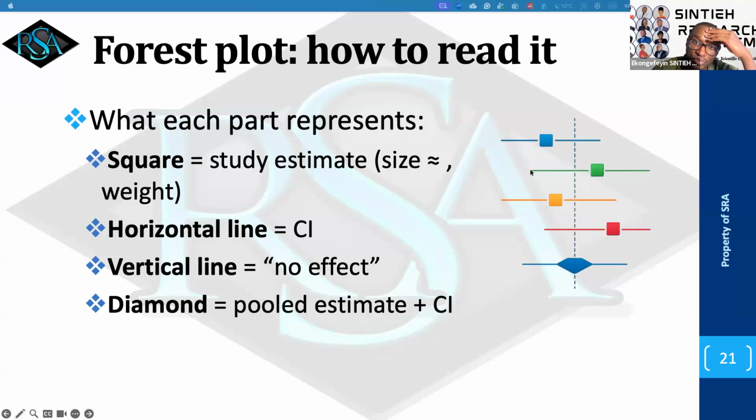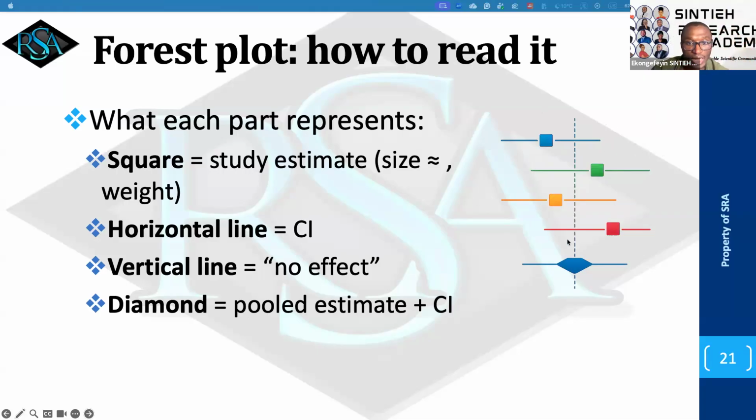Now, the sizes of the boxes tell us the sample size of each of the studies. So you might see some with a very large size. And then the width of this line tells you the confidence interval. If it's a very wide confidence interval, it means that the study is not very specific.